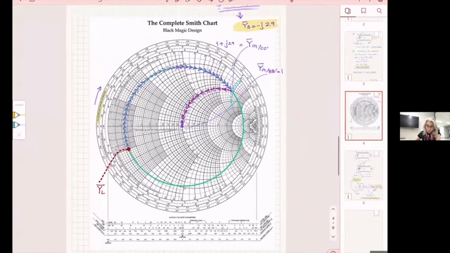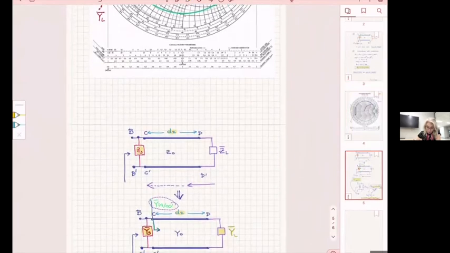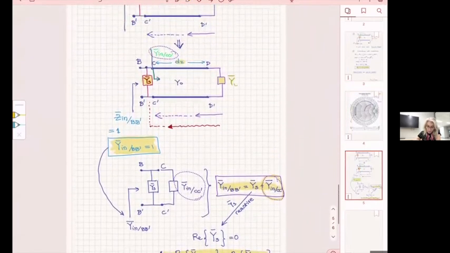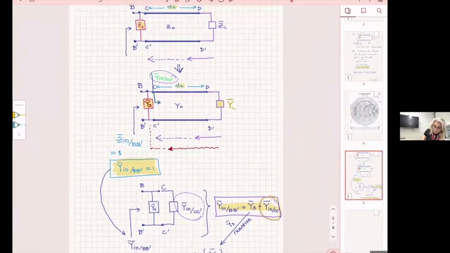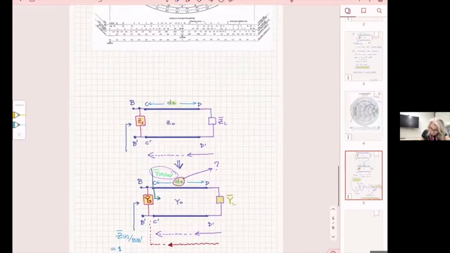Let me see. One thing that I have not done yet, which I'm supposed to do, is to find D2, because I have not calculated it yet. How much is this? D2 is the distance I'm traveling to move from my YL at DD prime to CC prime.